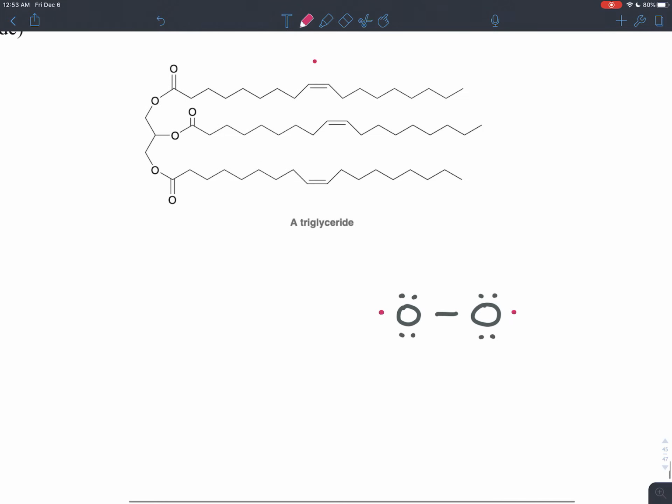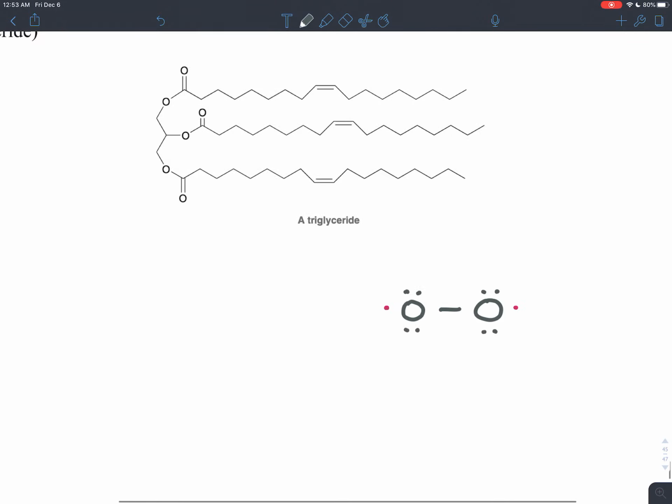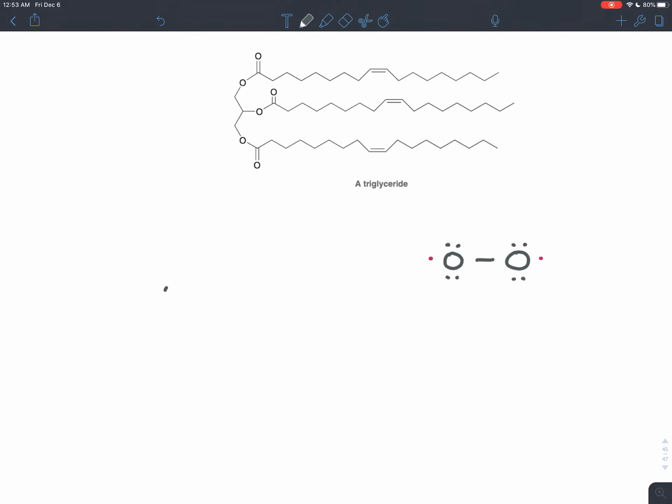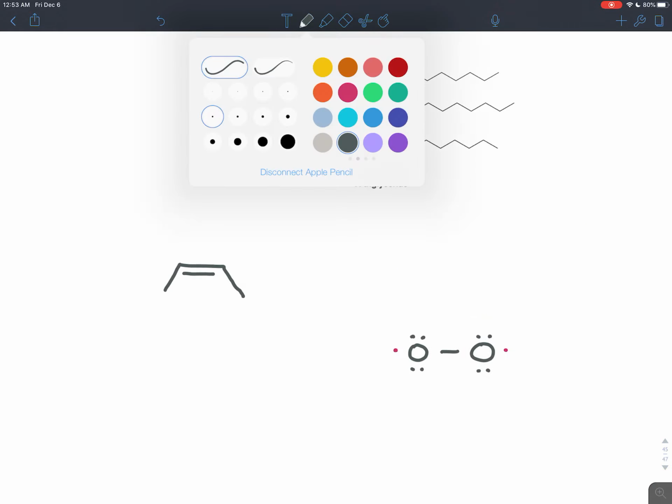Now, when you draw the mechanism for this, you don't have to copy down the whole triglyceride. Just copy down the reactive part of it, the double bond with the allylic carbons. So here I'll copy down the double bond in this hydrocarbon tail at the top. Now, when oxygen comes close, this has a hydrogen on it.